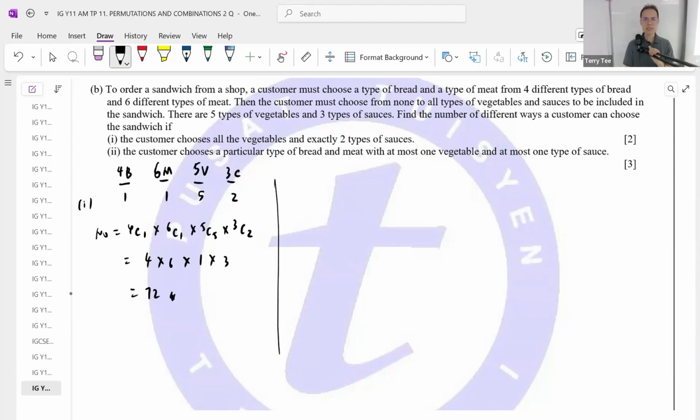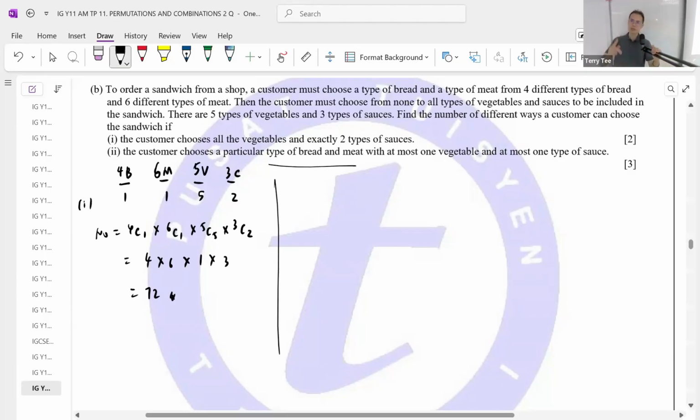They say the customer chooses a particular type of bread and meat. So that means when you choose a particular type of bread and meat, you cannot list the choices anymore. You've already chosen, it's only one way, right? So what our concern is now is the veggie and sauces.